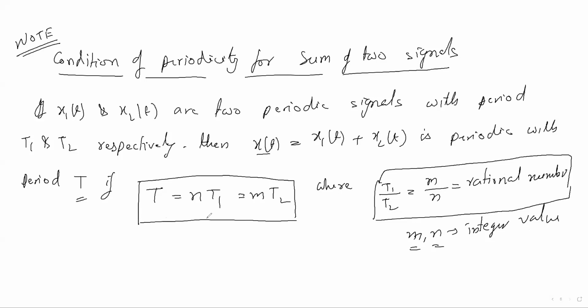So if we get the value of N and M, when you multiply N with T1 or M with T2, we will find the value of T. Or we can find the value of T as the LCM of T1 and T2.